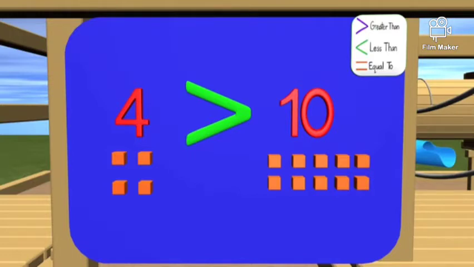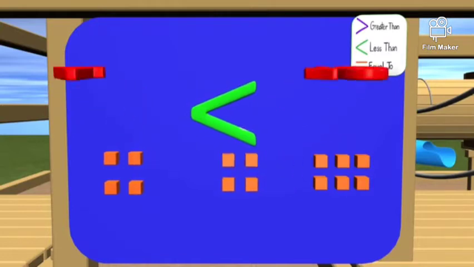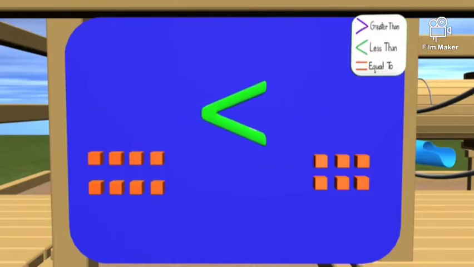Which number is big, 4 or 10? Yes, 10. So the crocodile will eat the 10. Now we can say 4 is less than 10.